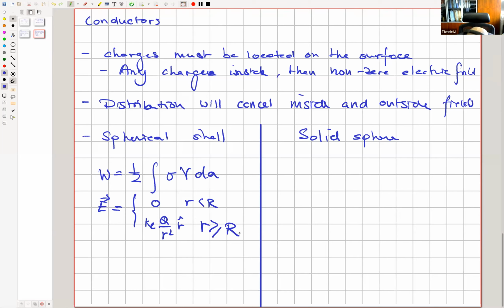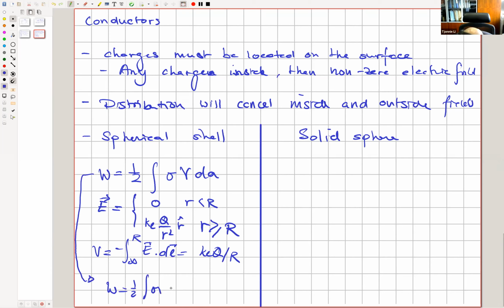Okay, and so what we can see here, V is just the integral from infinity to R of E dot dl, which is just k_e Q over big R. And so ultimately we know that on the entire surface we have another factor of Q in there, in such a way that W here is just a half sigma V dA, equals k_e Q squared over 2R.